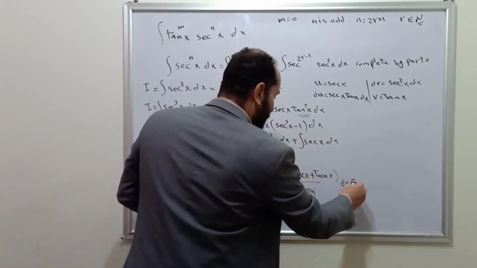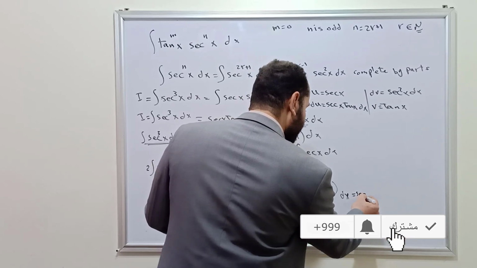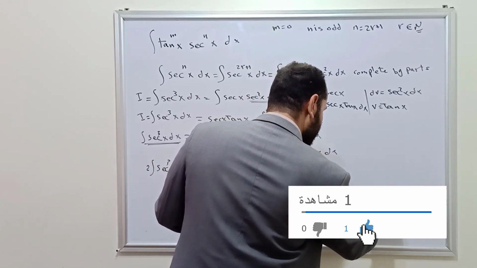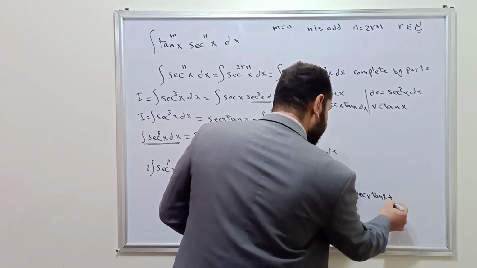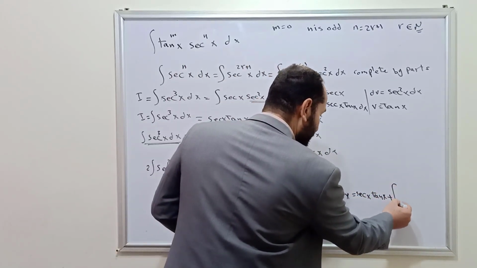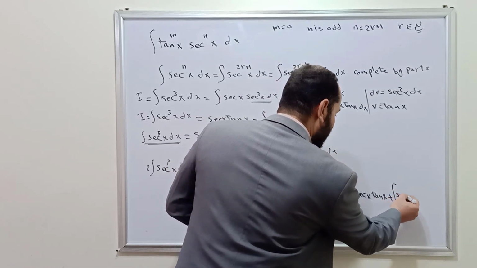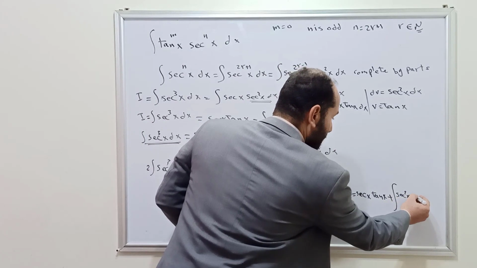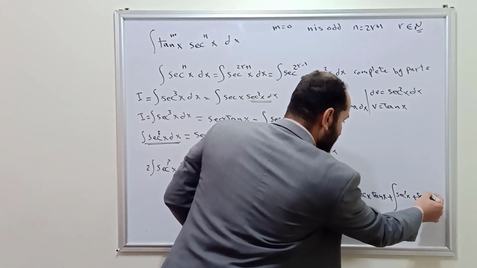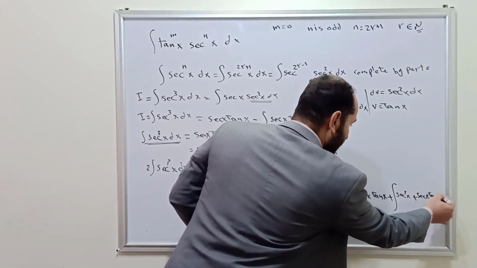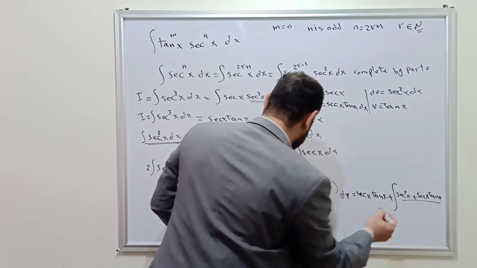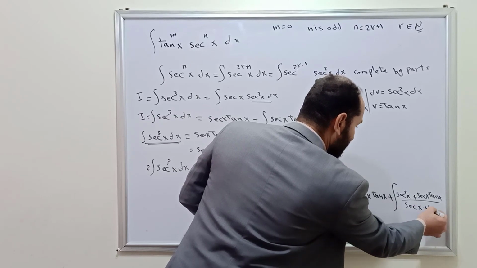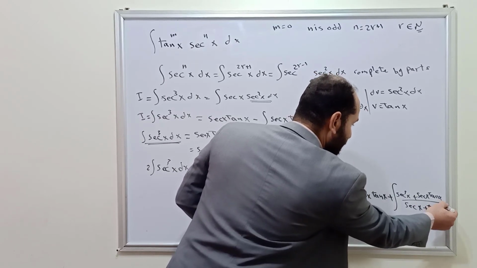So this integral equals the integral of (sec squared x plus sec x tan x) over (sec x plus tan x) dx.